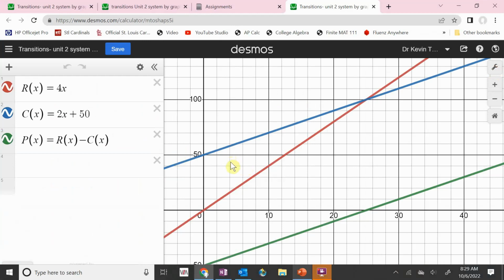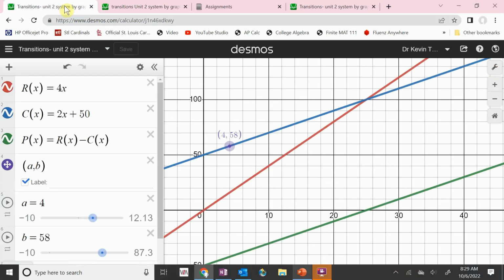So just to get oriented here, we have the same functions I had on the other screen. I have a revenue function, a cost function, and then the profit is just the revenue minus the cost.